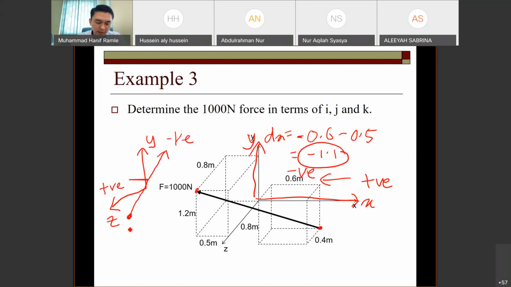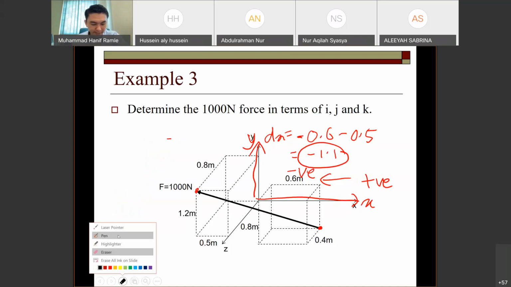So from positive to negative, the dz should be in negative sign. But for this case, the z is positive. Okay, doctor, thank you.